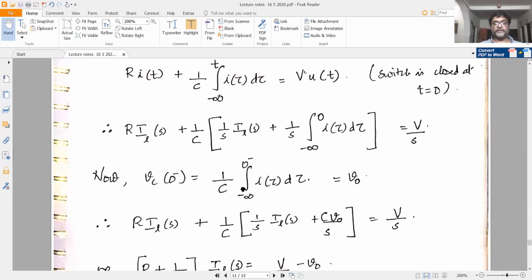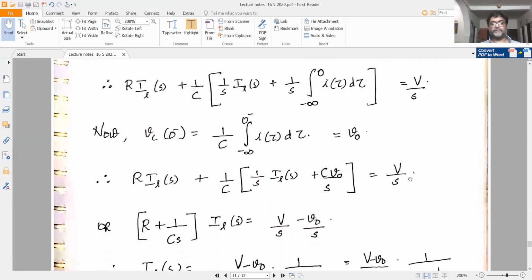So without that 1 by C, this term should be C into V0 by S. So R into IL of S plus 1 by C into 1 by S into IL of S plus C V0 by S is equal to V by S. Okay.